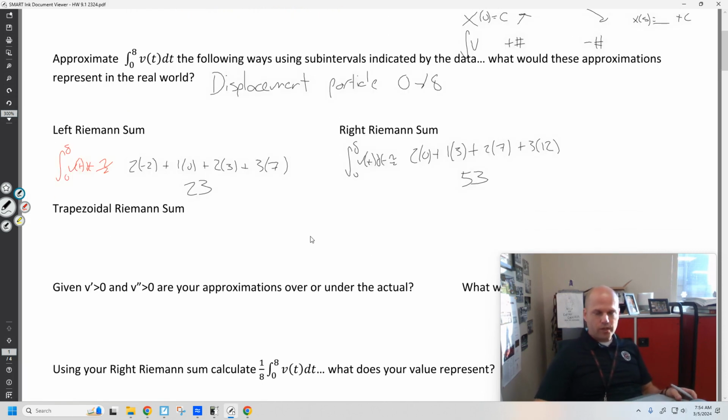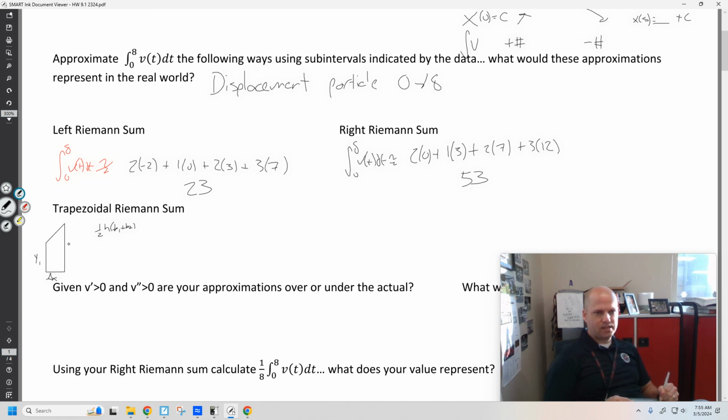Trapezoids are interesting. The trapezoids that we are going to be dealing with look like the trapezoids that you're maybe not used to, but you saw last unit, where we're talking about a triangle on top of a rectangle. Now, the area of a trapezoid is 1/2 the height times the sum of the bases. When we turn it on its side like this, you can see the height is just x distance.